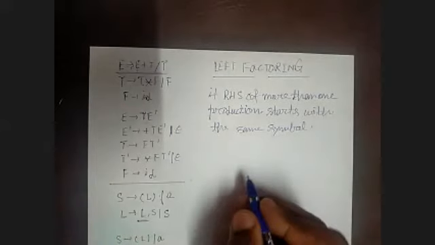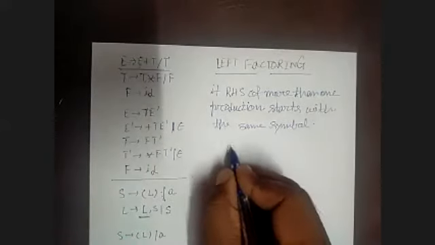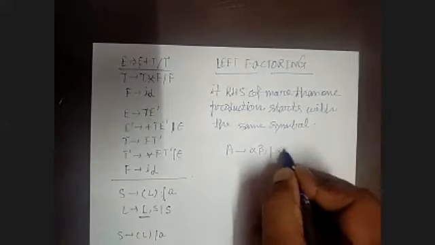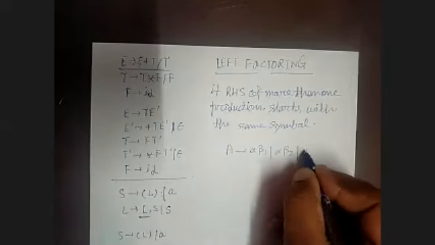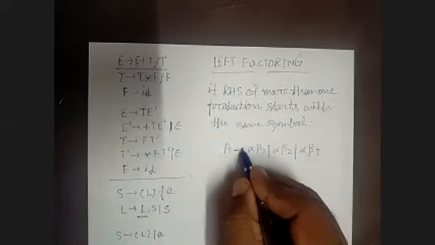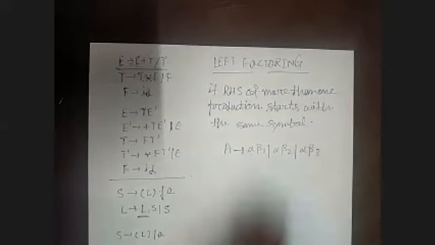Common prefix means, we take the example A dash tends to alpha beta 1 or alpha beta 2 or alpha beta 3. So in this production, you can easily check alpha is repeated a number of times. So the common prefix is repeated a number of times.